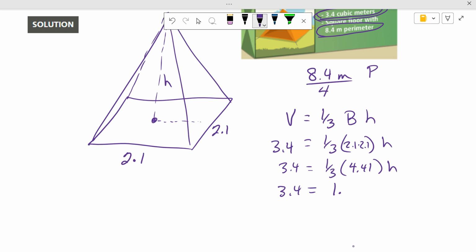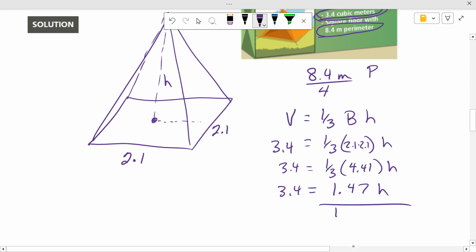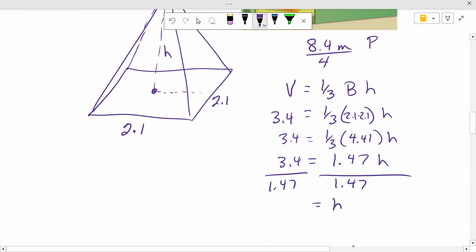Let's go out to about 4 decimals here. What's 4.41 divided by 3? 1.47. Give me a couple more. That's exactly it? Oh, all right. And then divide each side by 1.47. This is 1 point something as well, isn't it? 1 point what? No, it's actually 2 point something.